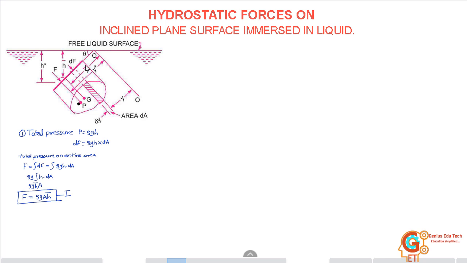As we can see from the figure, the inclined plane surface is making an angle theta with the free surface of the liquid. If we draw a triangle like this, let us say this is 90-degree angle and this is our theta.